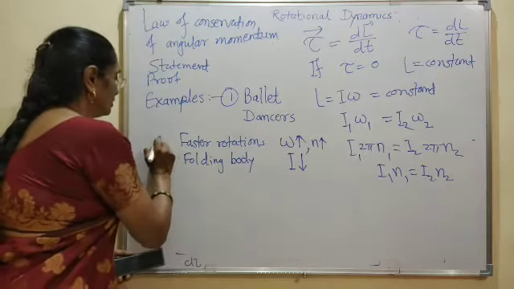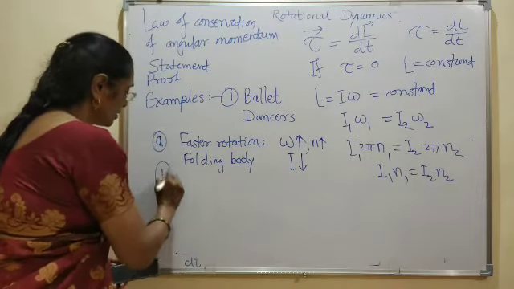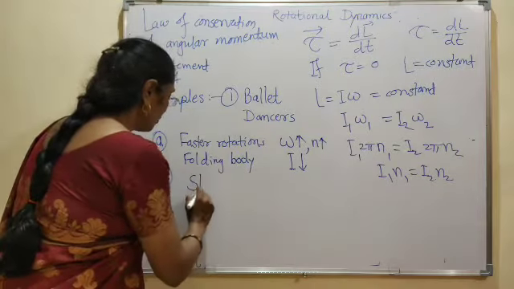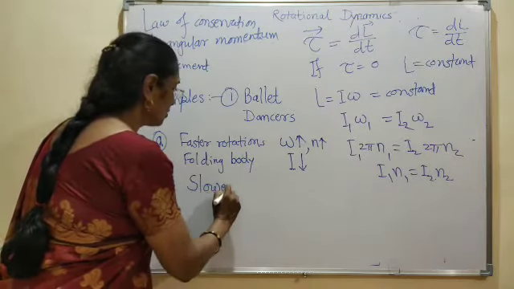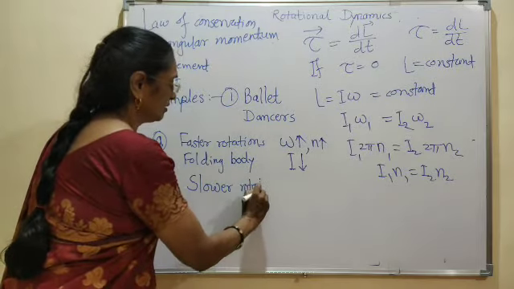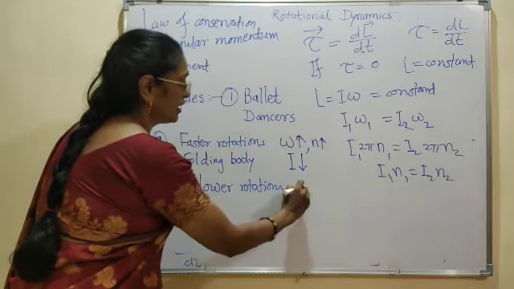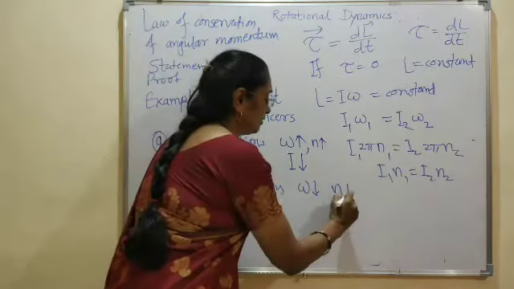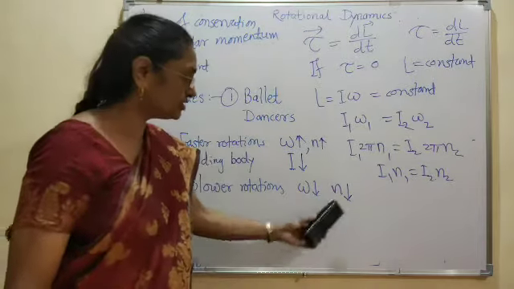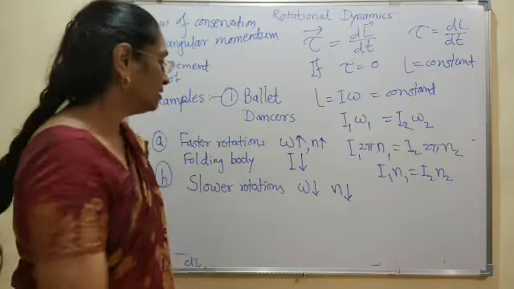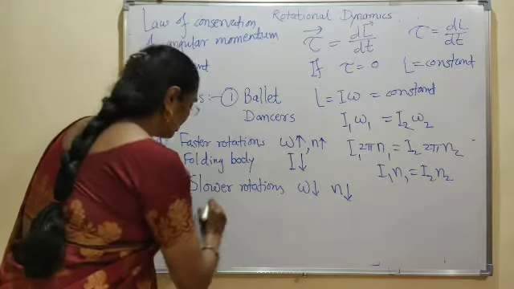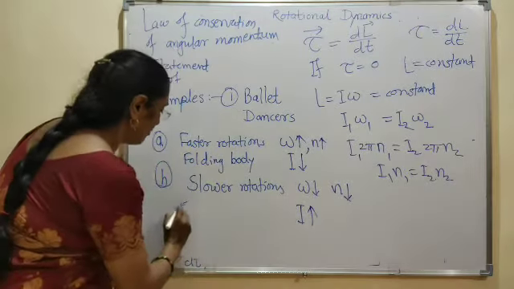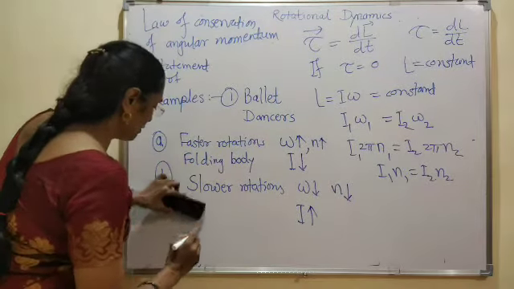Now the second point: if they want slower rotations, meaning they have to decrease the angular velocity, they have to decrease their frequency, then they can increase the moment of inertia by stretching the body.